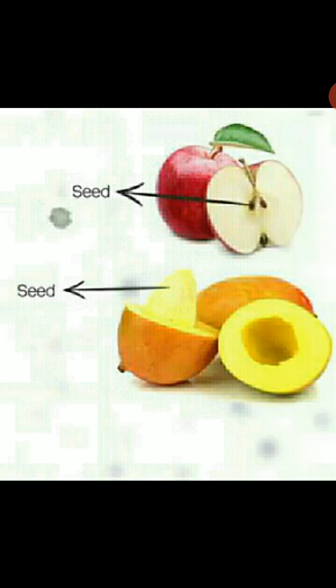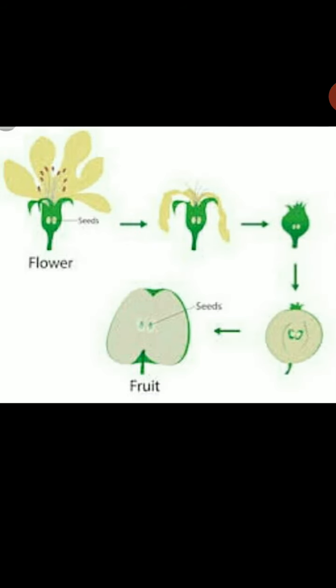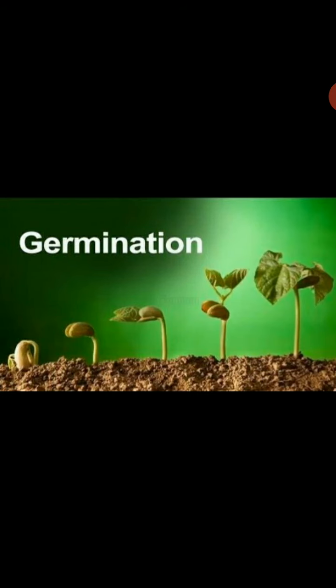Some fruits are soft, sweet and juicy like apple, mango, etc. But some fruits are hard, dry like peanuts, almonds, etc. This is the reproduction process of flowers to form an embryo and seeds. This cycle will repeat. When these seeds get water, air, warmth, they begin to grow.